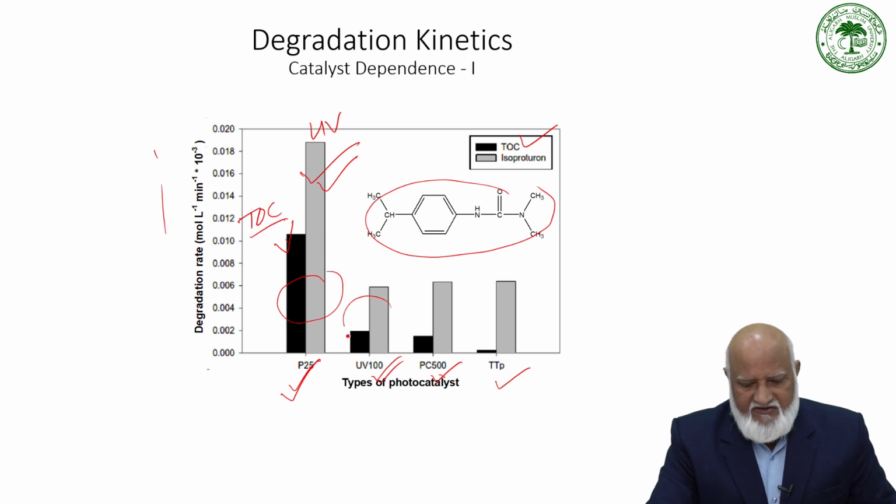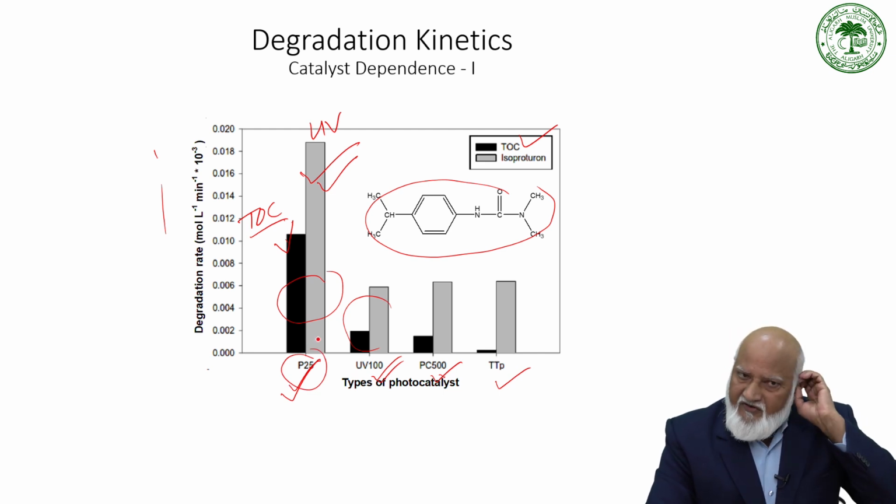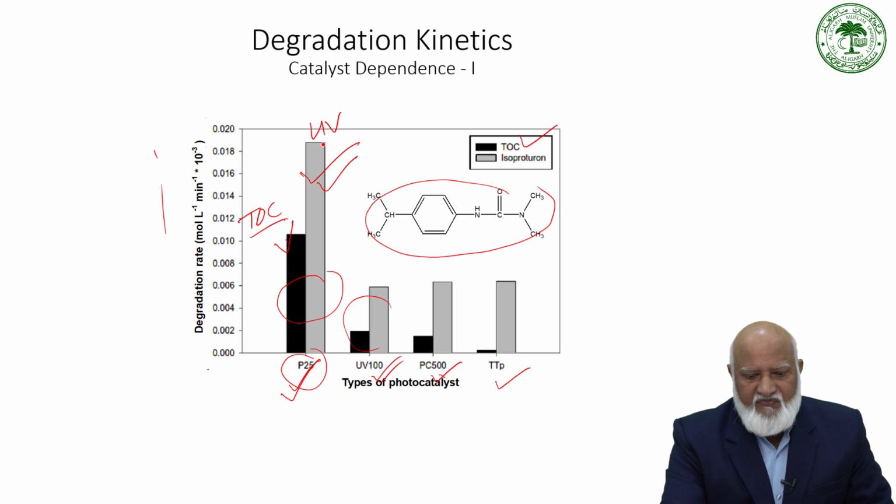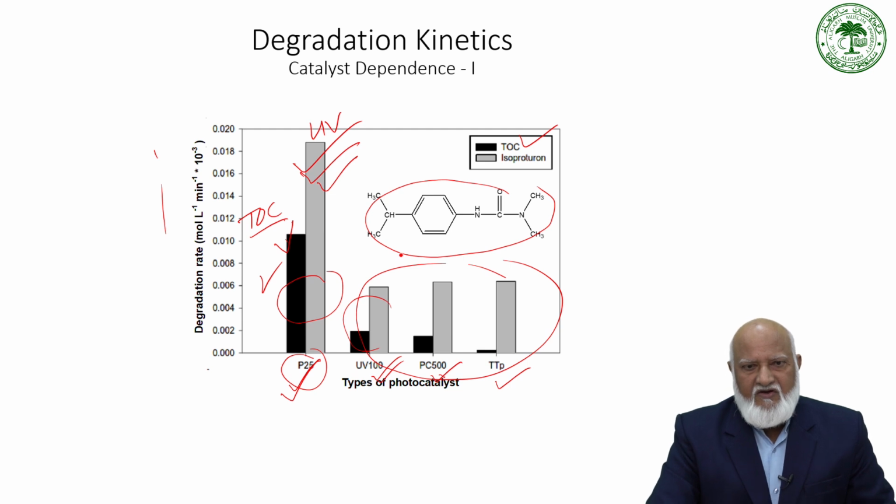And this is again the same for 4 different samples of titanium dioxide. You can see that the activity of the sample obtained from Degussa P25, that is PC500, is most active as far as the degradation as well as mineralization is concerned, as compared to all the 3 different samples available.